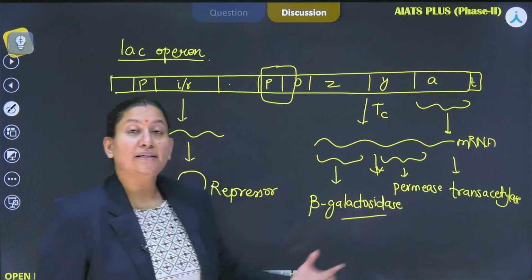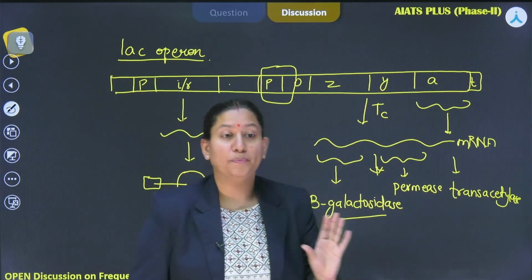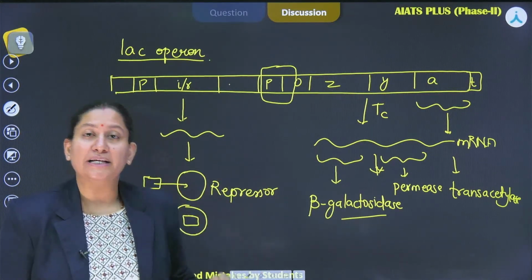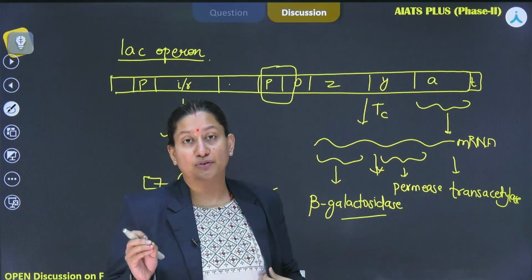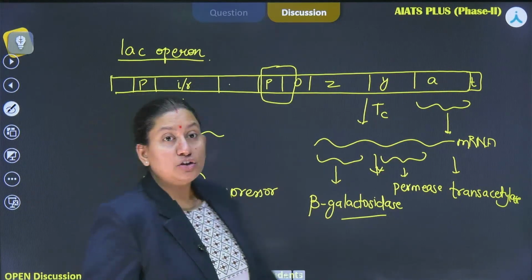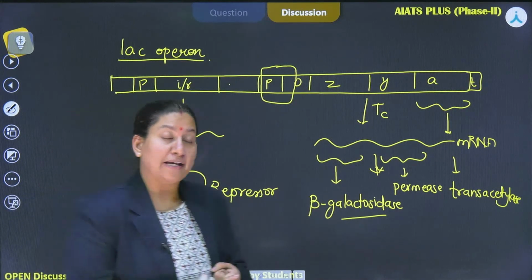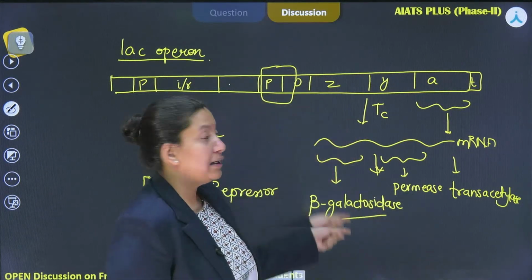So that is the reason why I have told you that this particular operon is a bit leaky, where it will allow the minimal expression of these structural genes even in the absence of lactose, right? This is not mentioned in NCERT, that's why we are always going to consider this particular case, that if the lactose is not present in the medium, there will be no expression.